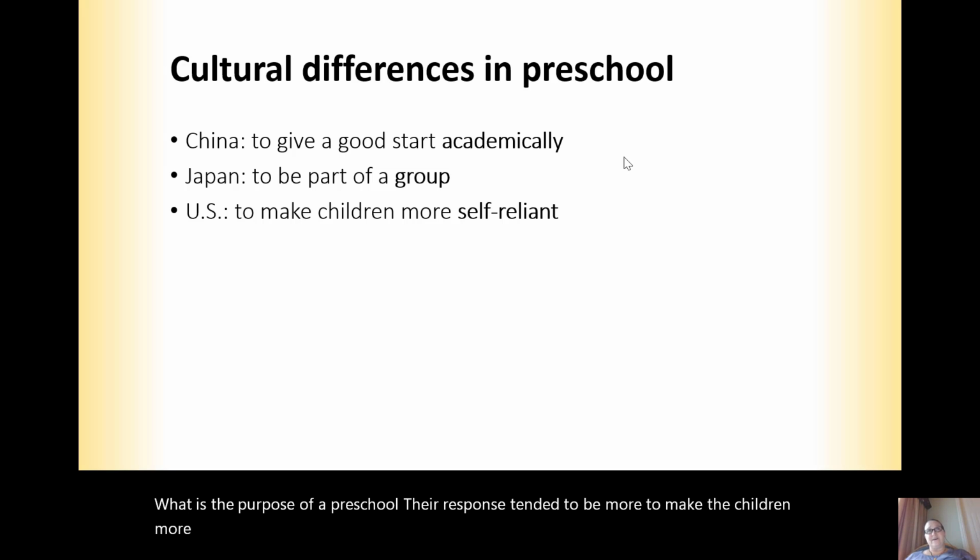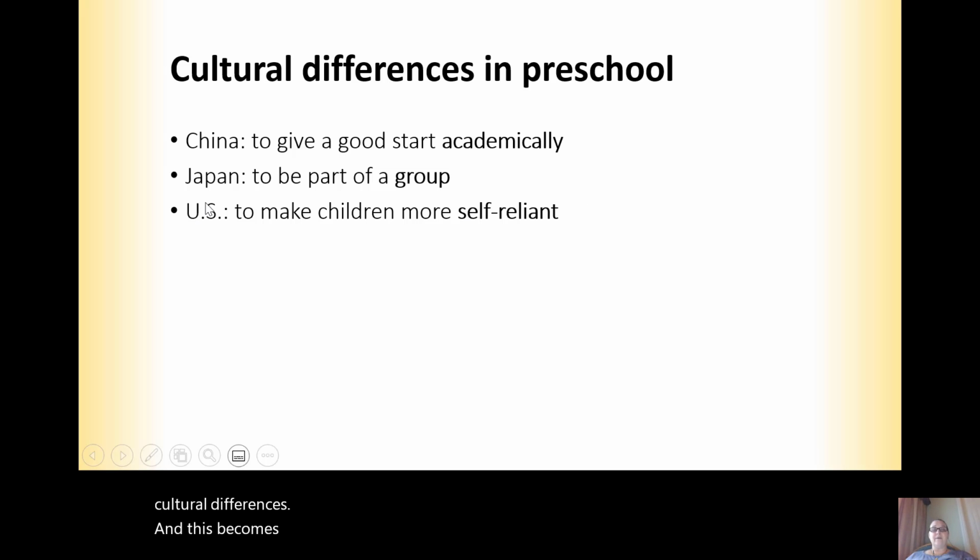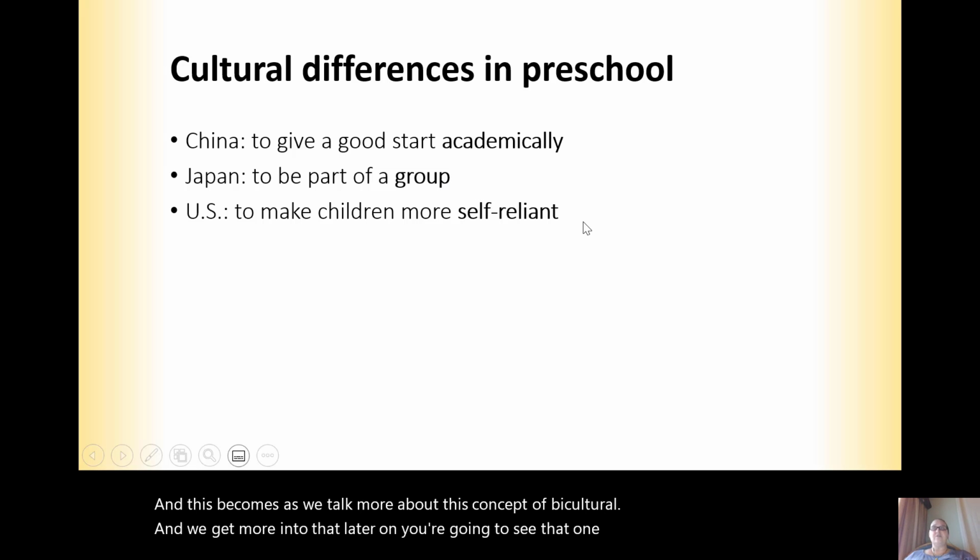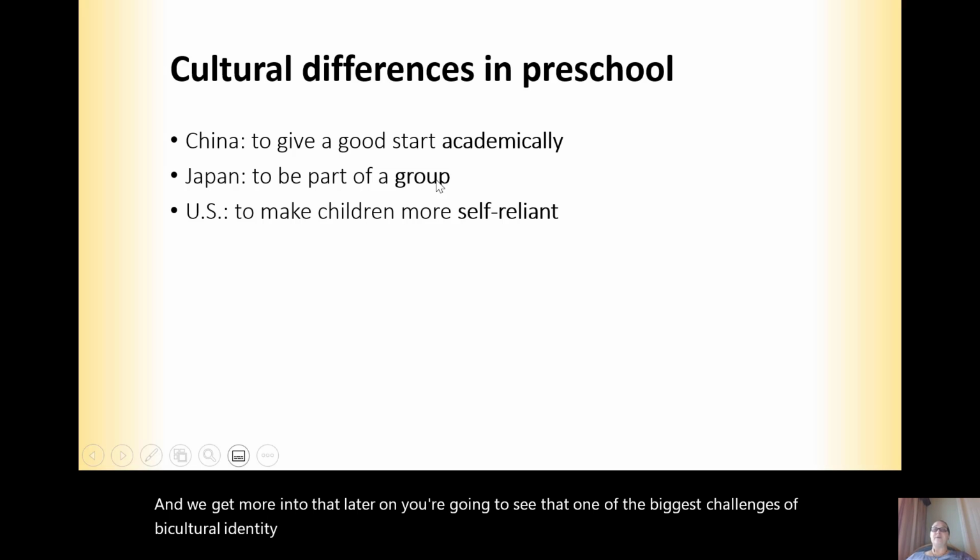I love this finding because it's such an encapsulation of really important cultural differences. And this becomes, as we talk more about this concept of bicultural identity, and we get more into that later on, you're going to see that one of the biggest challenges of bicultural identity is when there is a mismatch of these fundamental values.